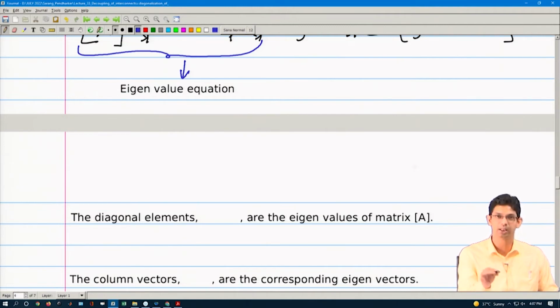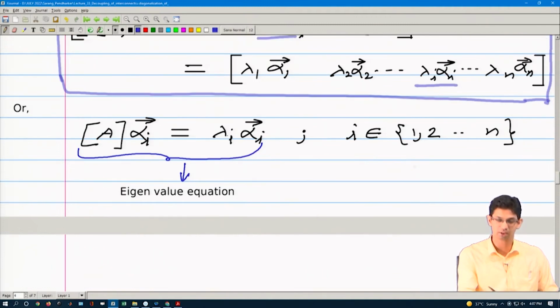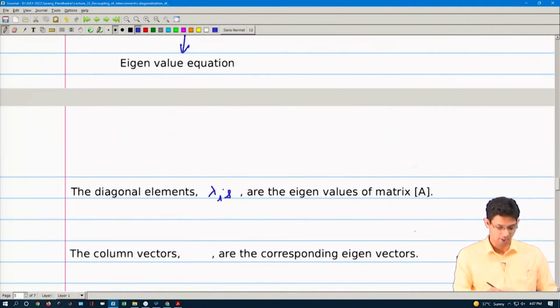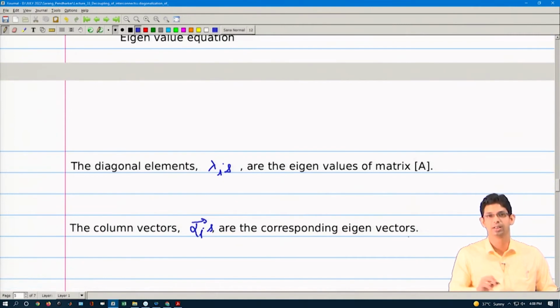So, basically diagonal elements of this, right, D is what? Lambda i's, right. So, you have to find the diagonal elements lambda i's which are the eigenvalues of the matrix A, and the column vectors alpha i's are the corresponding eigenvectors.